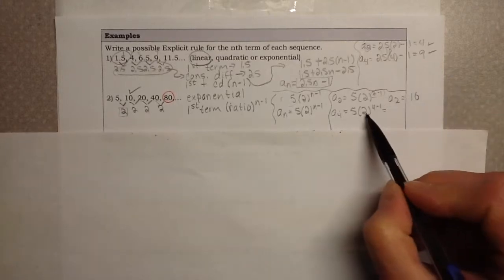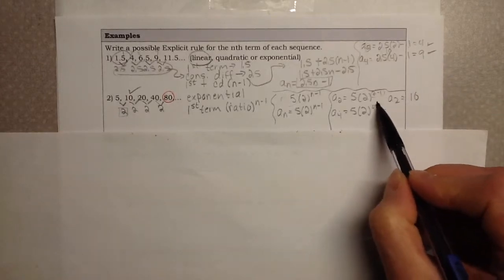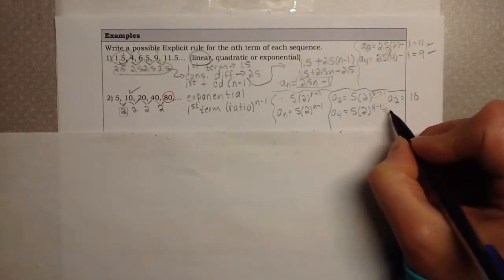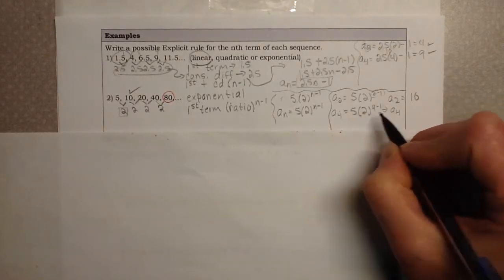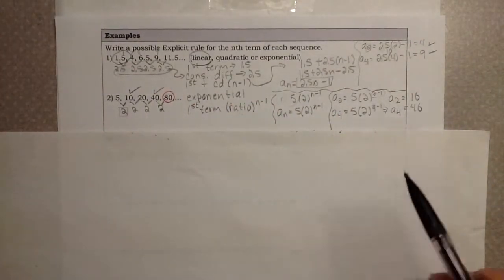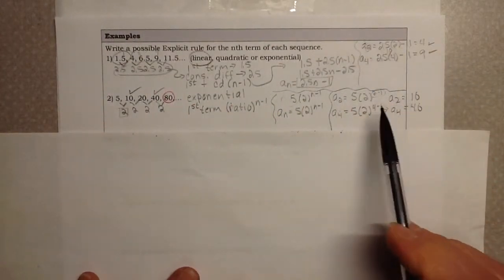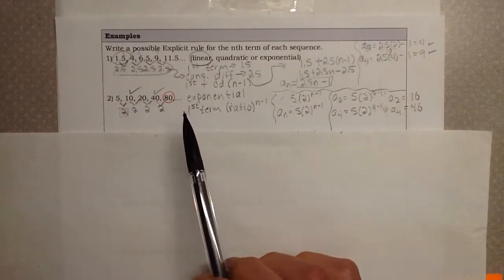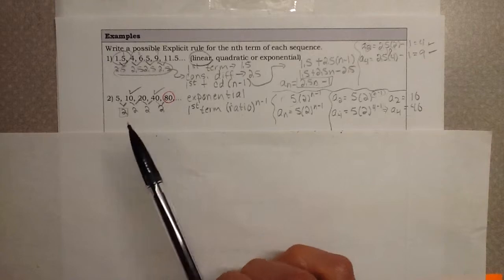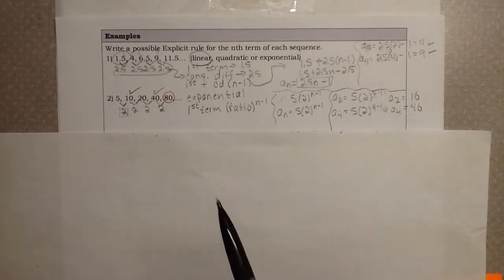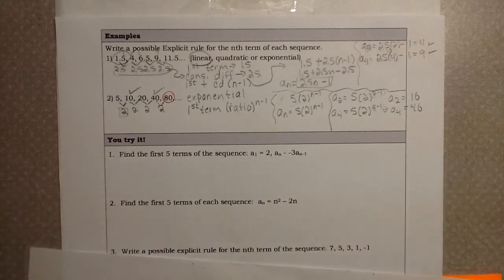And that's going to give us 3 here. So 2 cubed is 8 times 5. A sub 4, so 8 times 5 equals 40. And it worked out there. Always a good idea to test your rule and make sure you can get a couple of the numbers in the sequence. And don't just test it with one number, because sometimes it works for one and it may not work for the other one. So always test. Okay, you have a couple, you try it.